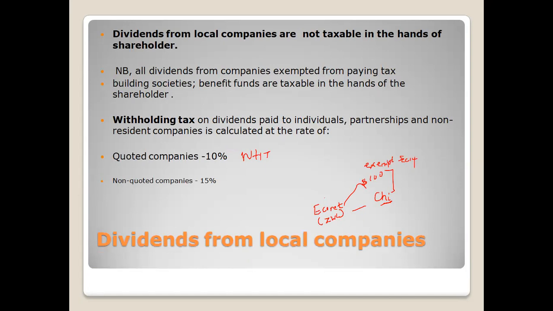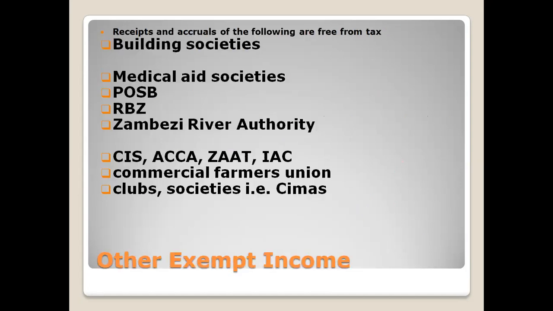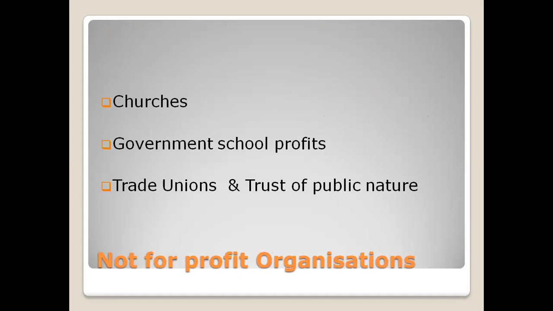Then we said withholding tax, that's how we compute withholding tax. Then we said receipts and accruals from the following organizations are free from income tax: building societies, medical aid societies, post office, RBZ, the CIS, the Commercial Farmers Union, they are all exempt.